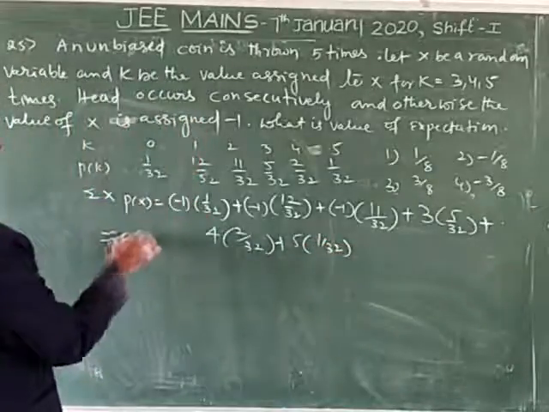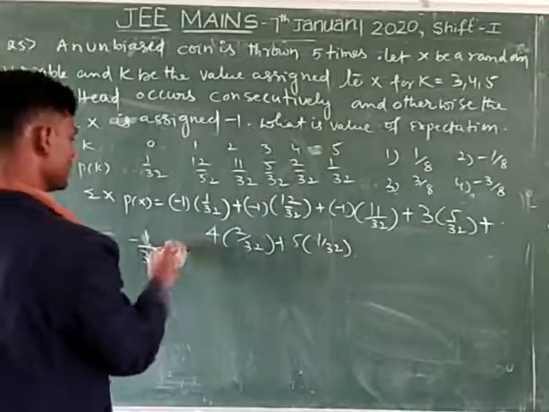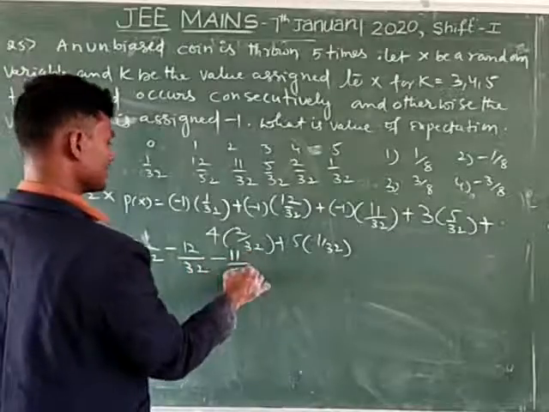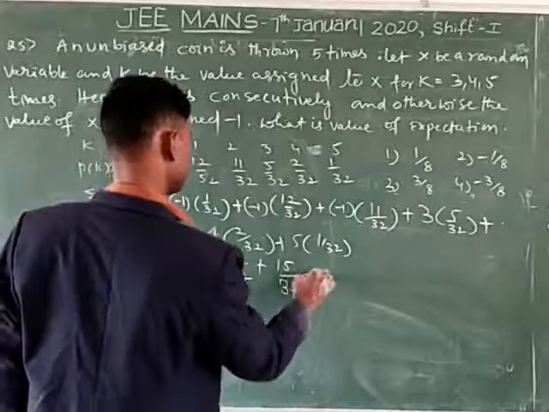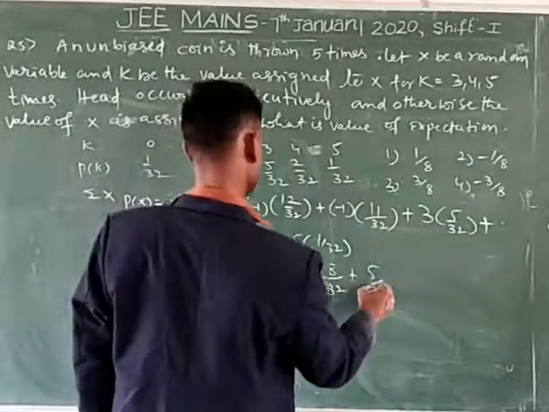Right, see here: minus 1 by 32, next minus 12 by 32, minus 11 by 32, 15 by 32 plus 4 into 2, 8 by 32, plus 5 by 32.